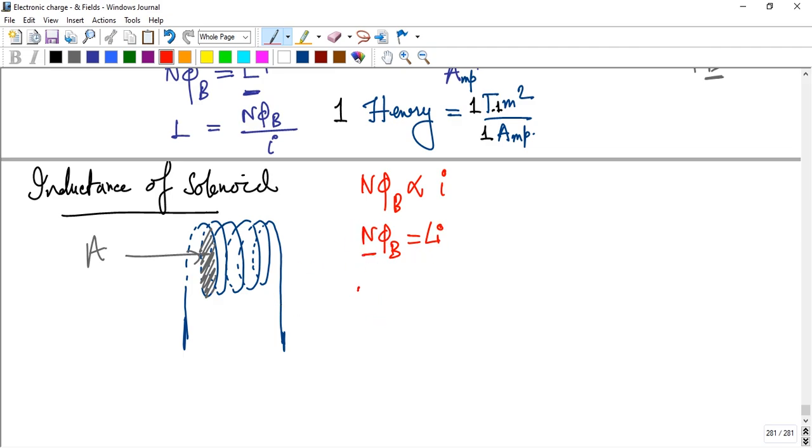So here N is small n times l, where n is the turn density or winding density, and l is the length of the coil.